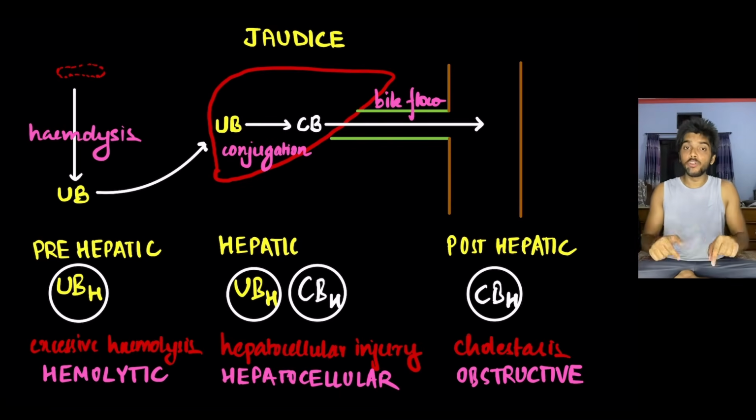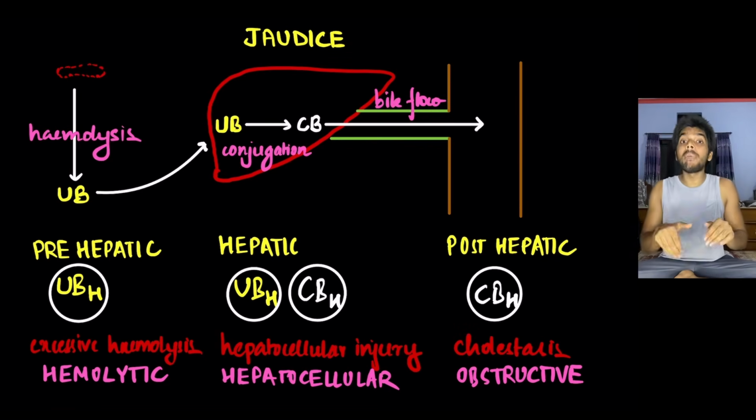If it is due to pathological defect occurring before the liver, it's prehepatic jaundice. If it is due to pathological defect occurring within the liver, it is hepatic jaundice. And if it is due to pathological defect occurring after the liver, then that's post-hepatic jaundice. Before the liver, the pathological defect that occurs is excessive hemolysis. So the jaundice due to excessive hemolysis is also referred to as hemolytic jaundice.